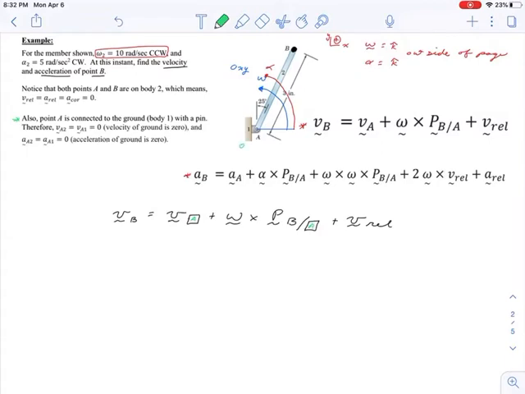So now we're looking at B move from this position right here. We're observing B move.